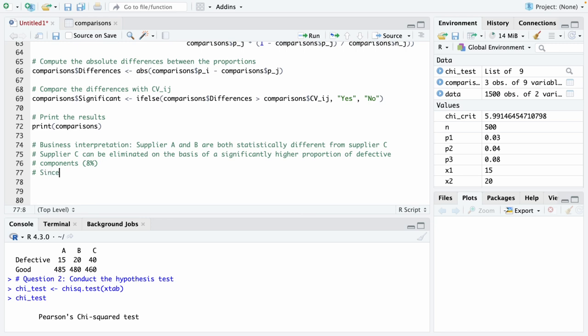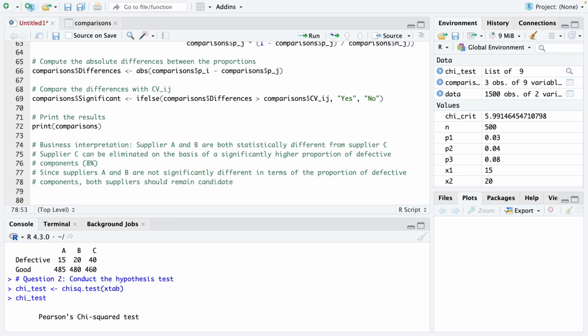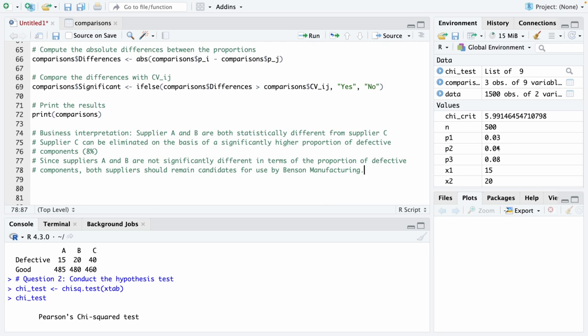Then finally, when you look at the proportion of defective components between supplier A and B, you can see it's just like 3% and 4%, right?